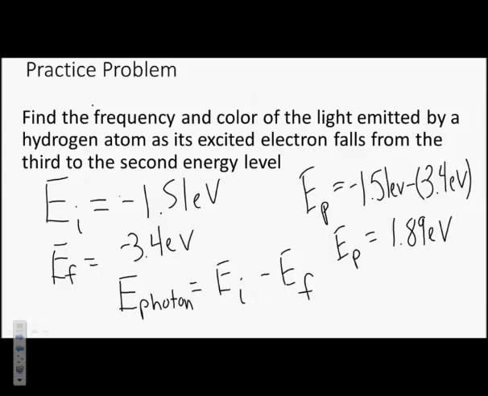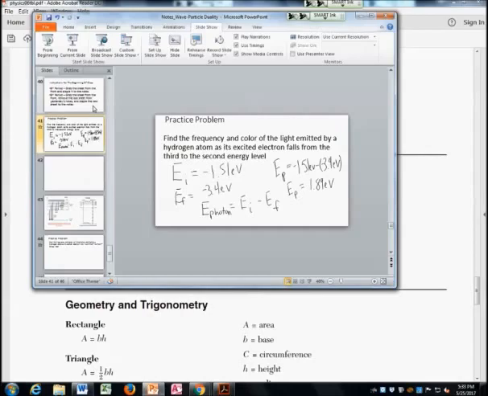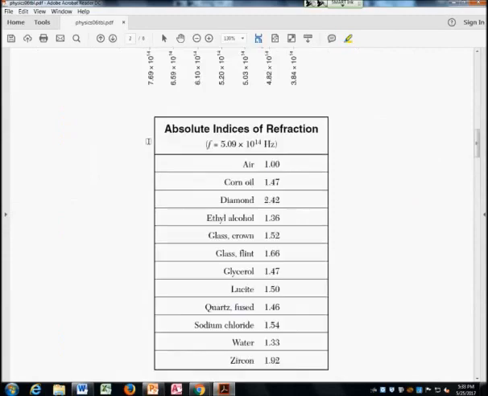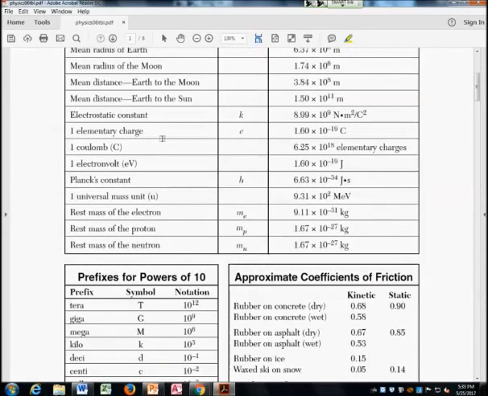But if you look at your reference tables, we're trying to ultimately find the frequency. So if we go to the very first page and look at Planck's constant, you'll notice that the energy unit is in joules. Our chart on page 3 is in eV, so we have to change from electron volts to joules. If we look right here, 1 electron volt is equal to 1.6 times 10 to the negative 19 joules.